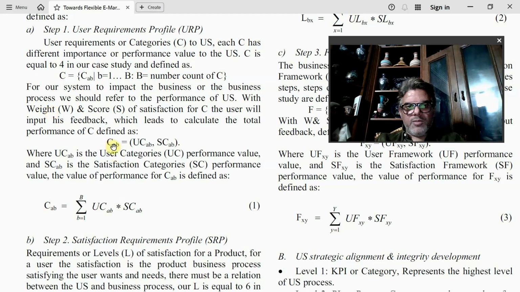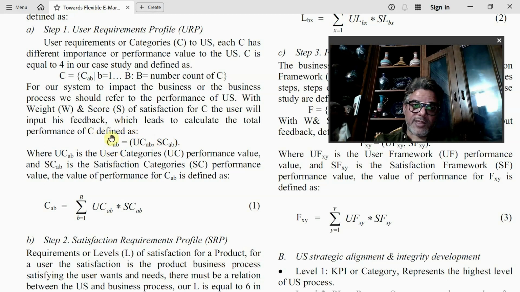So the category performance evaluation will equal user categories and satisfaction categories, which is quantitative satisfaction and qualitative satisfaction. This will give you the true satisfaction or the true category satisfaction. We could say true quantitative satisfaction, true qualitative satisfaction will give you the true satisfaction. So now we have a relation between syntax and semantics.